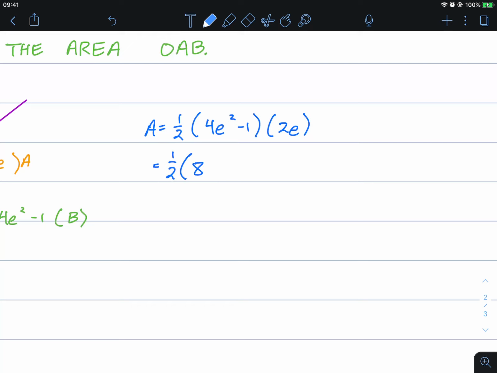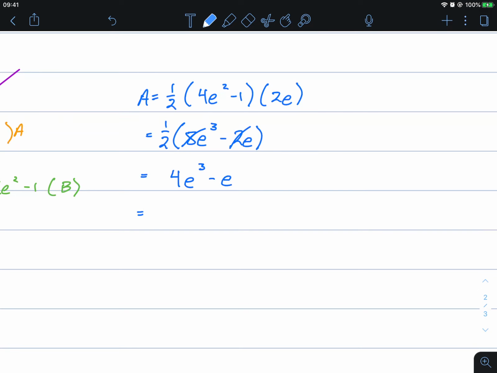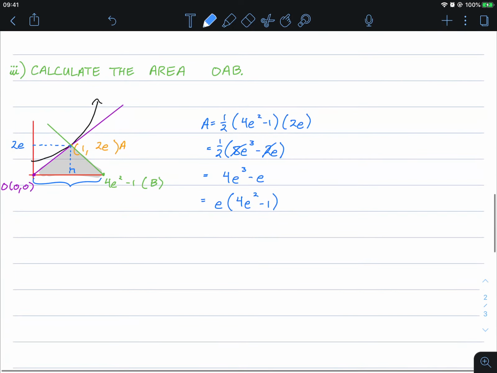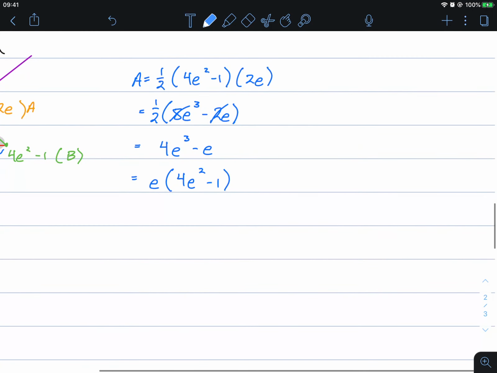Half, that's 8e to the power of 3, minus, so I multiplied that. I'm going to multiply the negative 1 now, so minus 2e. Halving everything on the inside, this becomes 4e cubed minus e. We can factor out e, so e outside of 4e squared minus 1, and that is our area. We don't know what unit this is in, so I'm going to put units squared.